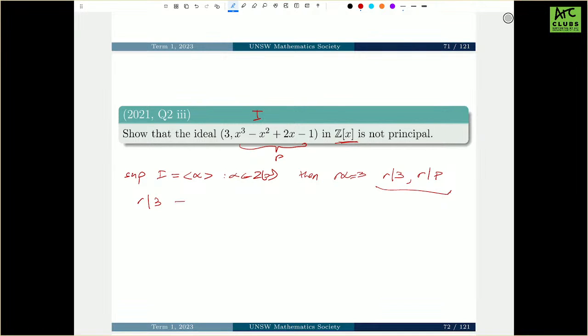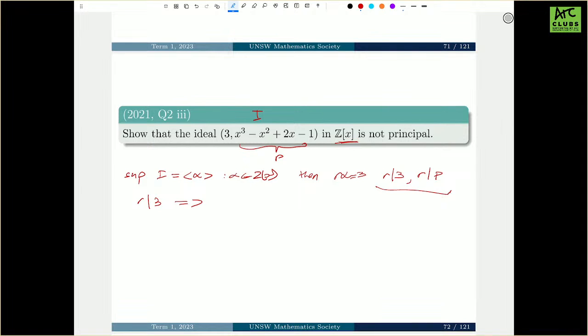So r divides 3 implies, well, r is going to be a polynomial of degree 0, because if you multiply any element of Z[x] by a polynomial, it can only increase in degree if it's a polynomial of degree 1 or greater.